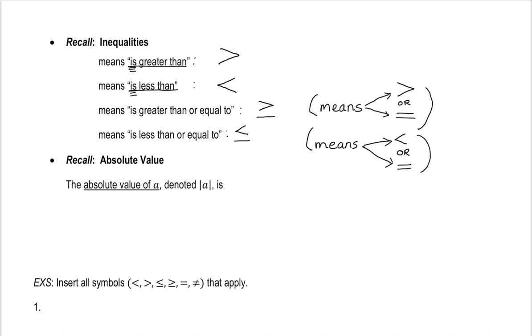So that's what those mean. All right, one more definition to recall. Just like with inequalities, I bet you know how to use absolute value maybe better than you remember which vocabulary it was referring to. My guess is a lot of you remember something about the notion of taking the positive of something.